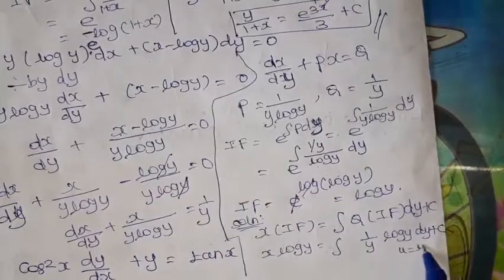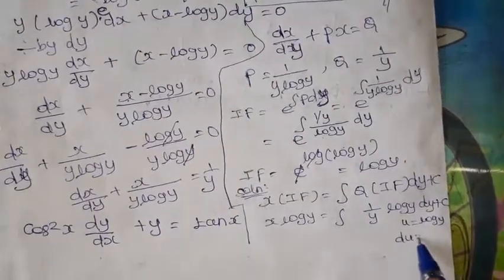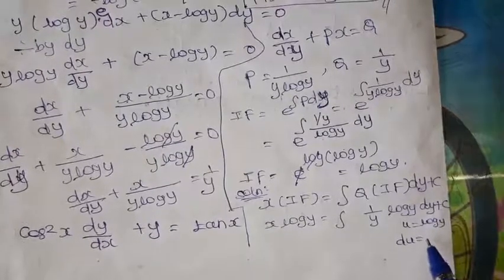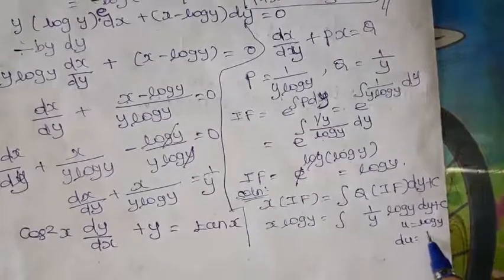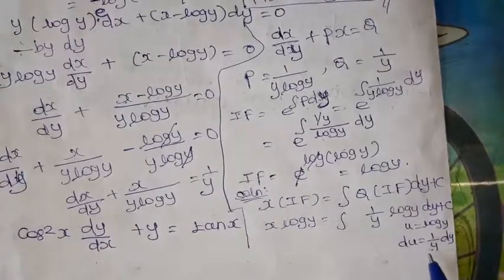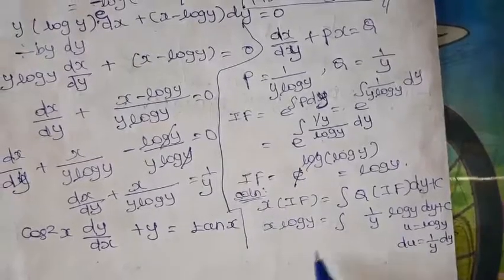Say u equal to log y. What is du? Differentiating with respect to y, log y gives 1 by y dy. So du is equal to 1 by y dy. So substitute in this formula. So what we will get?